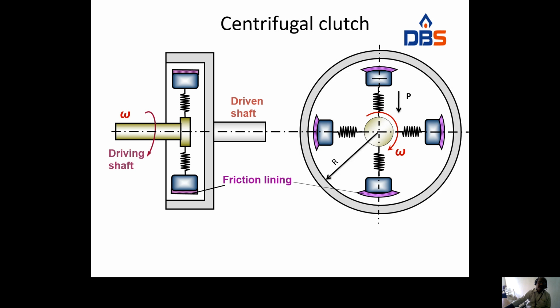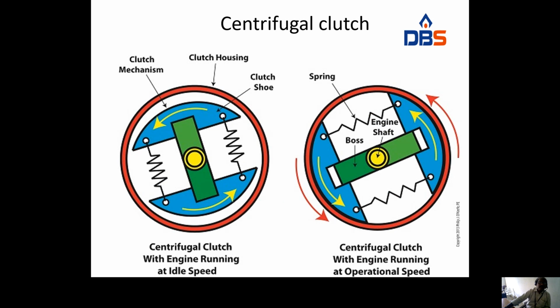They touch the inner surface of the driven shaft, and like that it engages with the other shaft. Once it engages with the other shaft, the power can be transmitted. So when speed increases, it engages with the outer shaft, and the power is transmitted from the inner shaft to the outer shaft.